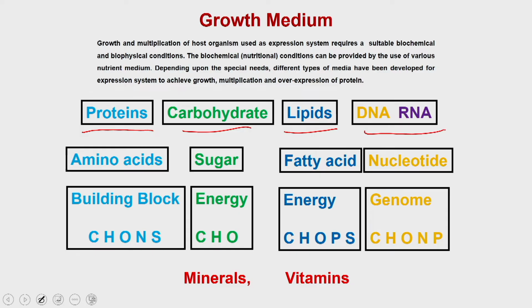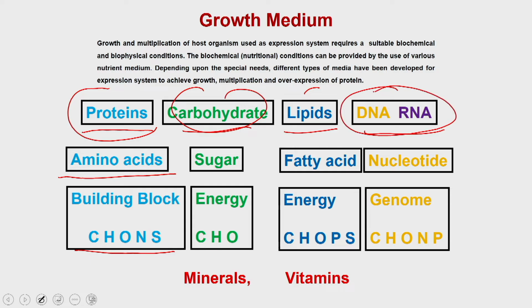Why is it so? Because if you provide the amino acids or the building blocks, you allow the organism to take up these molecules and generate the protein, carbohydrate, lipids as well as the DNA and RNA, and together all these components are going to facilitate the growth of that particular organism.